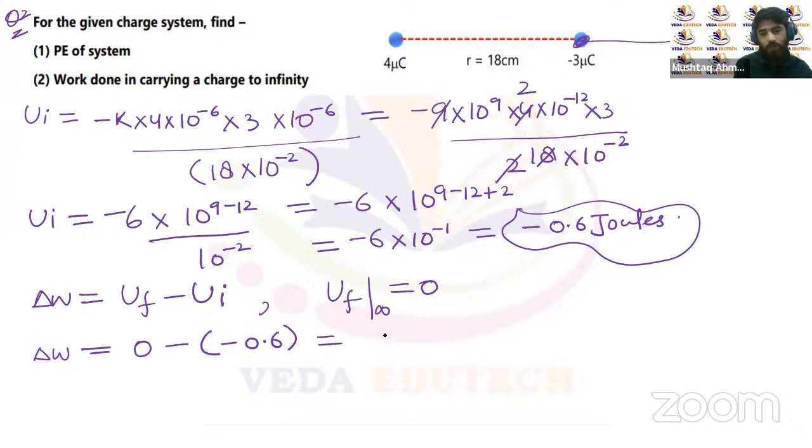So that's equal to plus 0.6 joules. So we have to do positive work in bringing this charge from this position to infinity. Work done in carrying a charge to infinity is plus 0.6 joules, and the potential energy of the system is minus 0.6 joules, right?